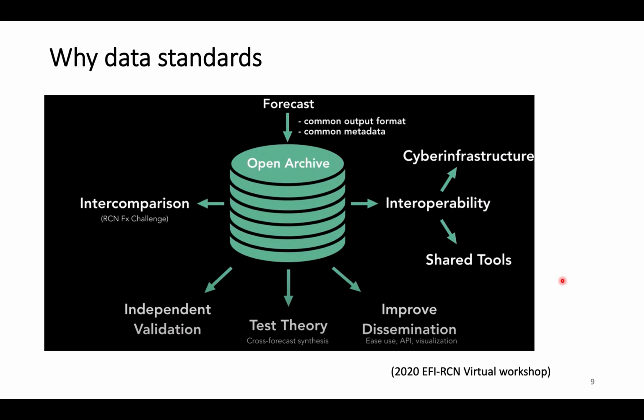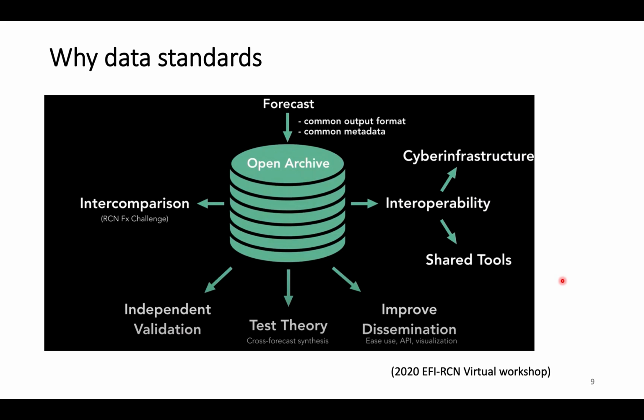Data is crucial in model-relevant studies. However, it's difficult to locate and maintain data manually because of their massive volume and diversity. Therefore, standards are important to make data follow FIRE principles. Take the Ecological Forecasting Initiative Research Coordination Network as an example. Standardized forecasting outputs facilitate intercomparison between different teams participating in this challenge.